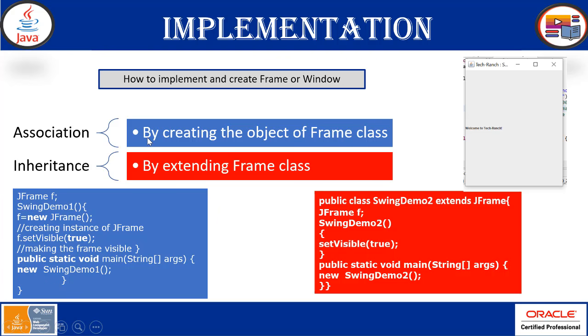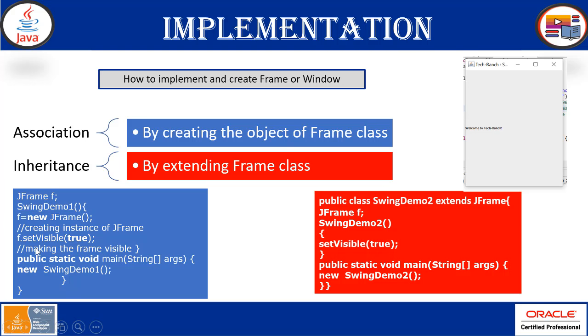So you can see the blue section, association. This is the implementation for the blue part, and the red is extending the frame. This is an example for you. As you can see here, we are creating a frame. JFrame will help you create an instance of a window. So creating an instance, or declaring the object, of JFrame will create a window for you.